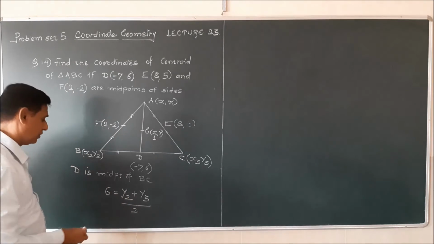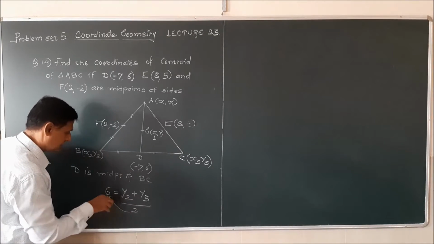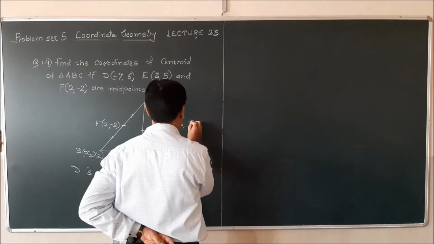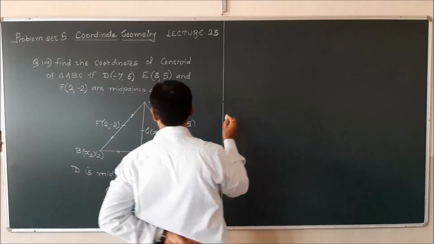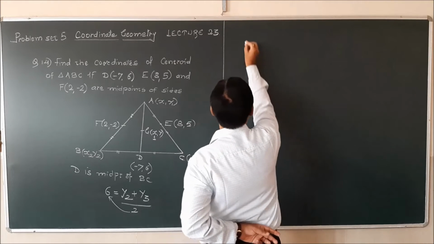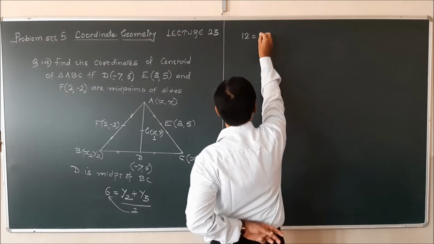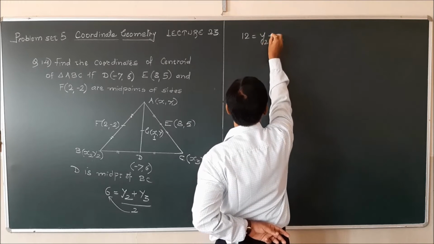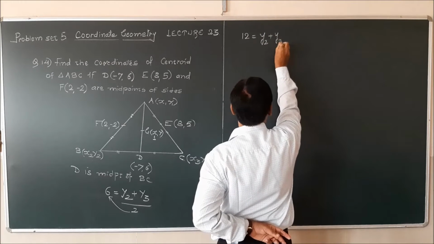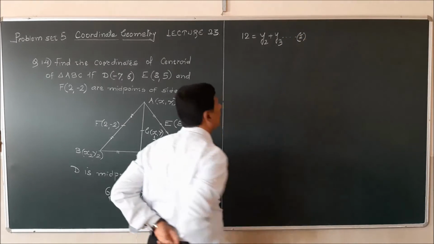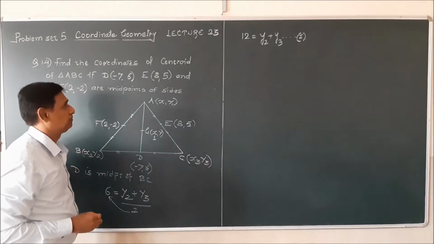So, 6 2s are 12, 12 is equal to y2 plus y3. Again, I label it as 1.